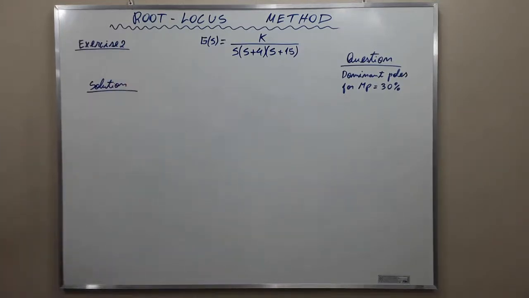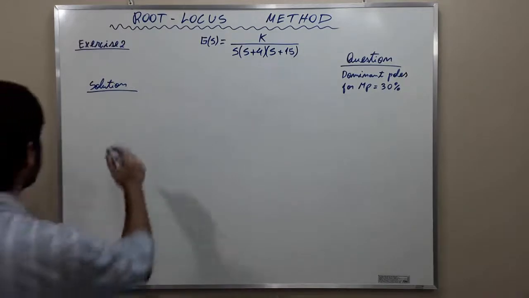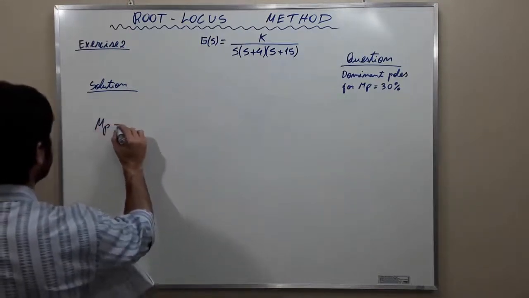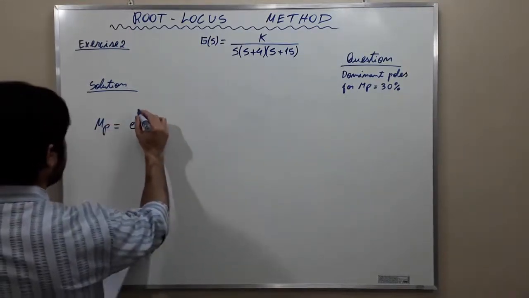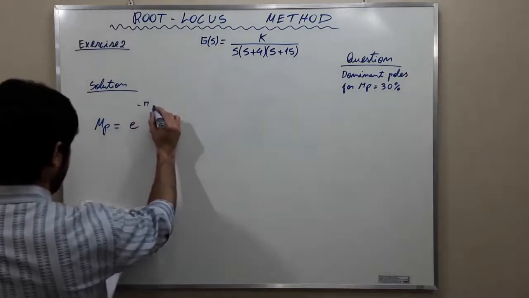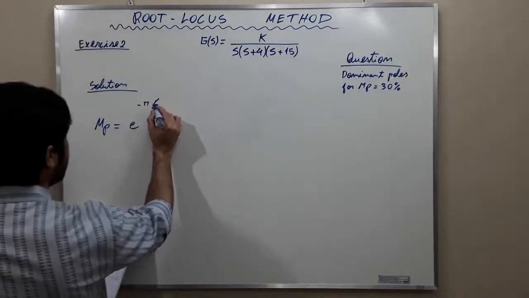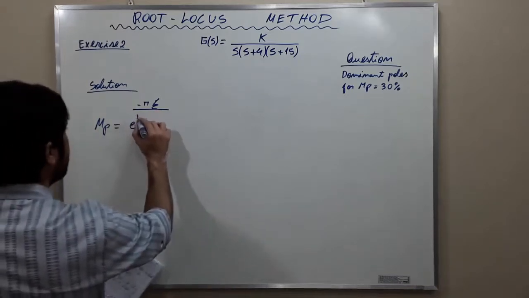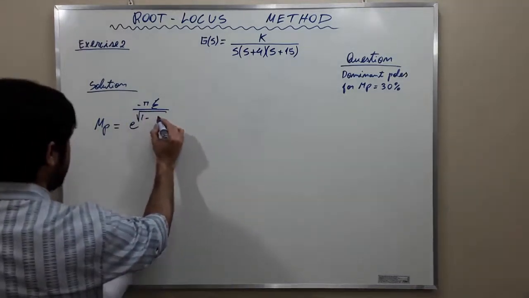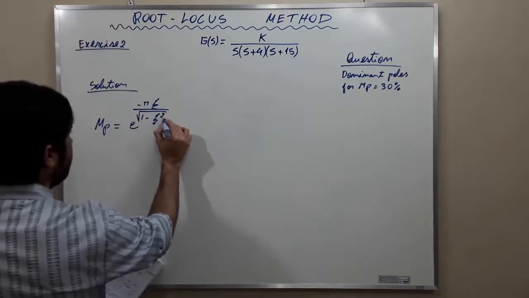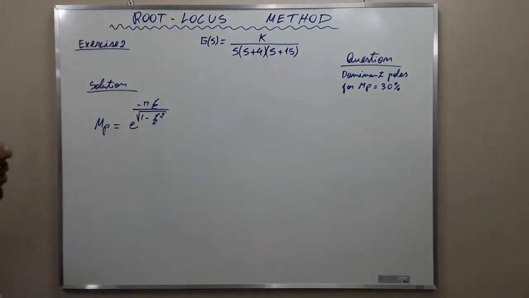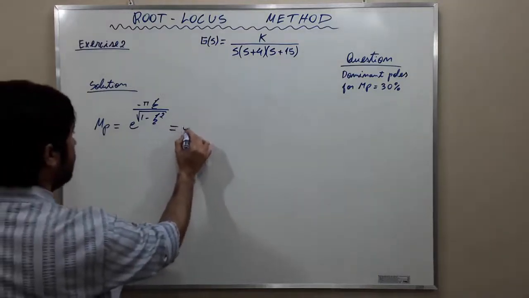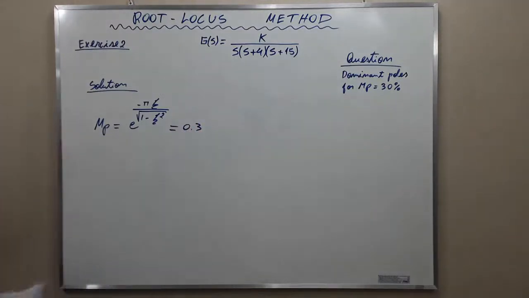Using the expression for the maximum overshoot, we obtain that e to the power of minus pi times zeta over the square root of 1 minus zeta squared has to be equal to 0.3. Okay?